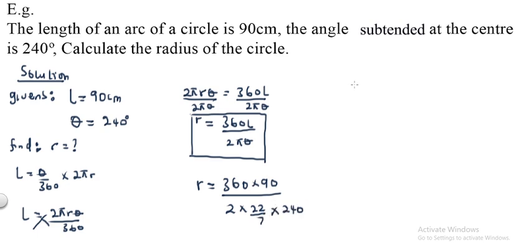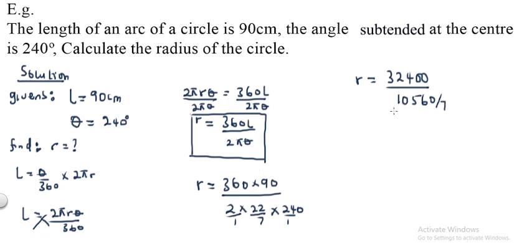So r is equal to 360 times 90, which is 32,400, divided by, we can punch these numerators into our calculators first, so that we have 10,560 divided by 7, which is the numerator here.